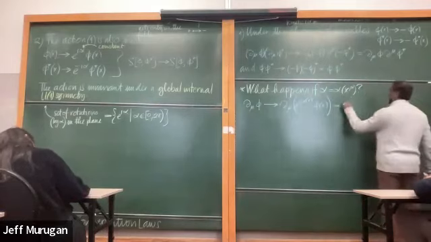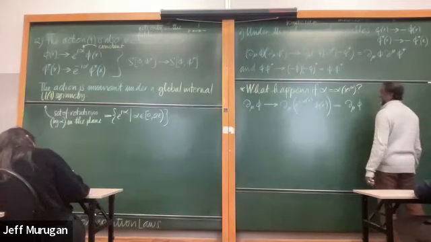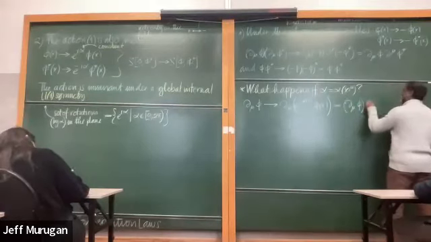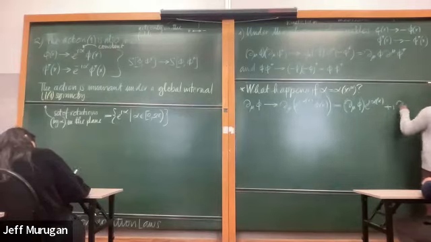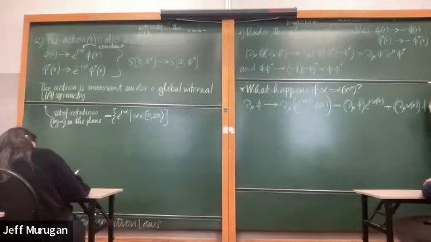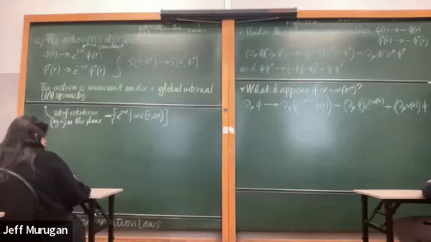So here I'll get a term that looks like d mu phi times e to the i alpha of x. That is going to cancel off with the phi star piece. But in addition, I get a term that looks like i d mu alpha of x times phi of x, which is not going to cancel. Right? So in this case, the action is not invariant under local U1 transformation.